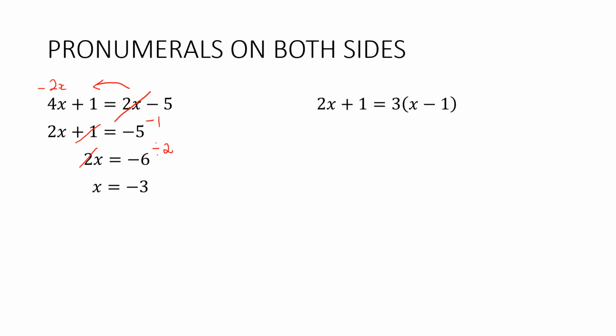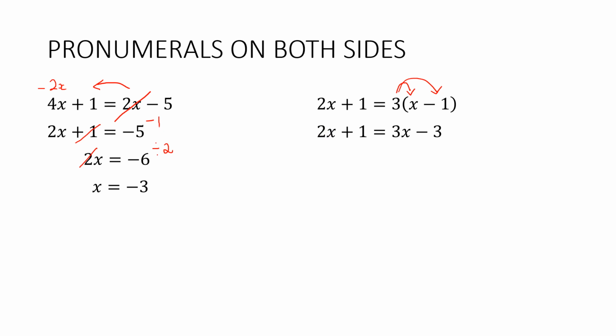Let's try another one. This time we've got some brackets on the right-hand side, but we're going to have to expand that first. So I'm going to expand through here. That's going to give me 2x plus 1 is equal to 3x minus 3. Now I have pronumerals on both sides. I need to collect them together. Here's a little trick. If we move that 3x over to the left-hand side, we're going to get a negative here. I don't particularly like negatives, so I'm going to avoid that. I'm going to move the least amount of pronumeral.